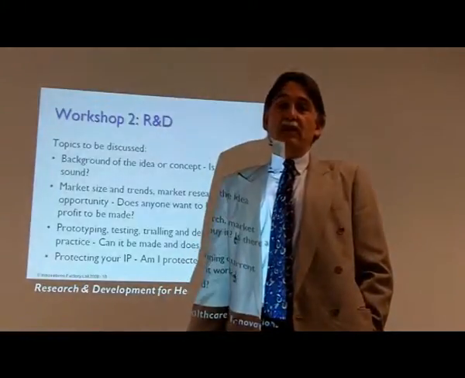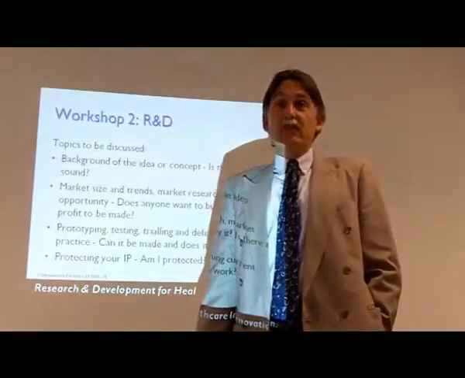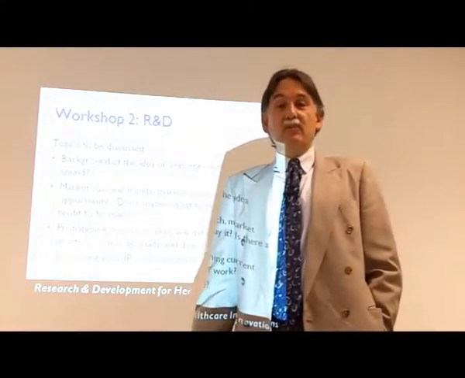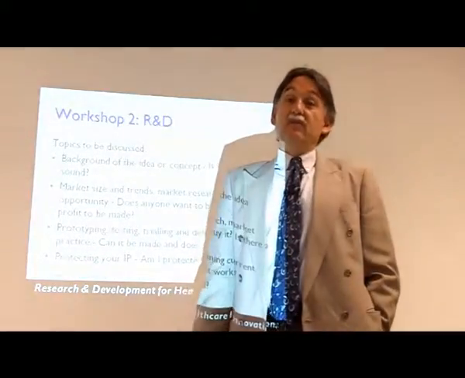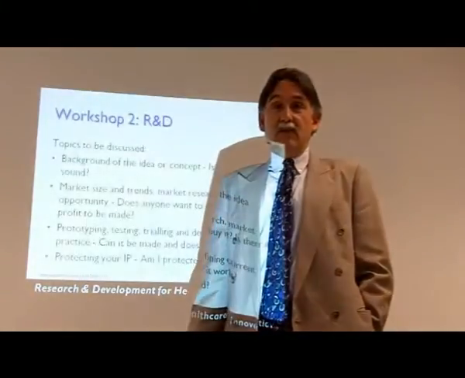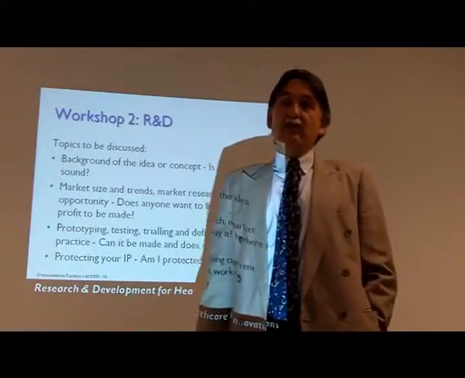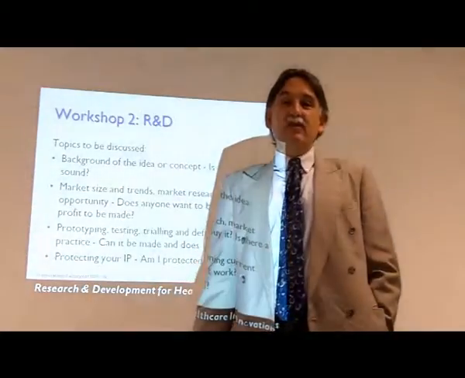How do you get the right market research? How do you get the right information that helps you to develop a much better product? So that's one of the aspects we're going to look at. We'll look at the process of R&D: how are you going to control this, how are you going to do this in stages and make sure that at each stage your development is still on track. How do you get money for this? And probably very important as well, how are you going to protect your idea?